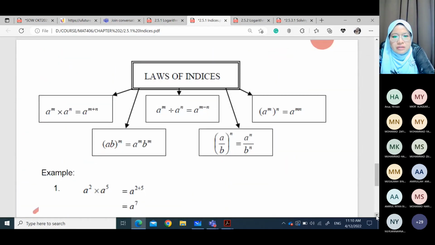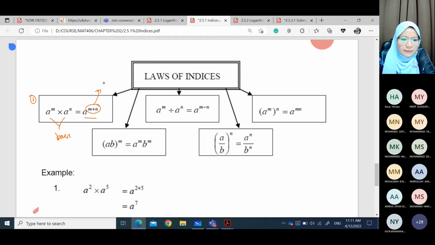Alright, so this one is a law of index. So dalam index kita ada beberapa hukum, kita panggil hukum ataupun dia punya law. The first one we have this one, A to the power of M times A to the power of N. So A ni adalah base. Okay, so base dia sama, jadi kita boleh gunakan law yang ini, which is A to the power of M plus N. So M plus N is the index.